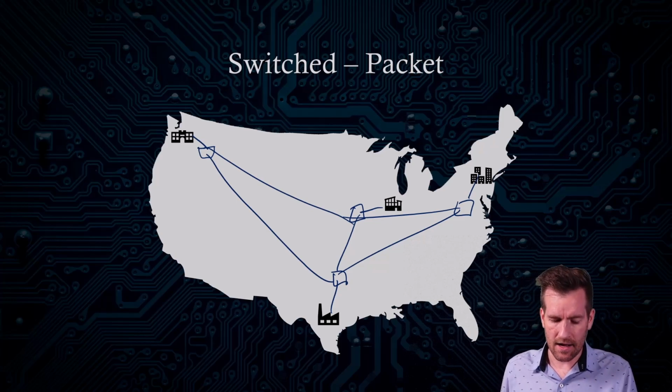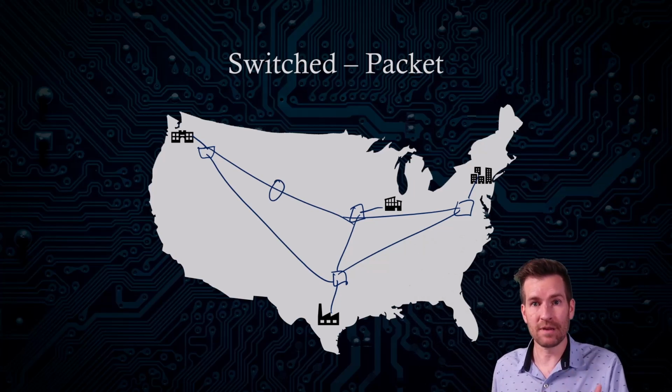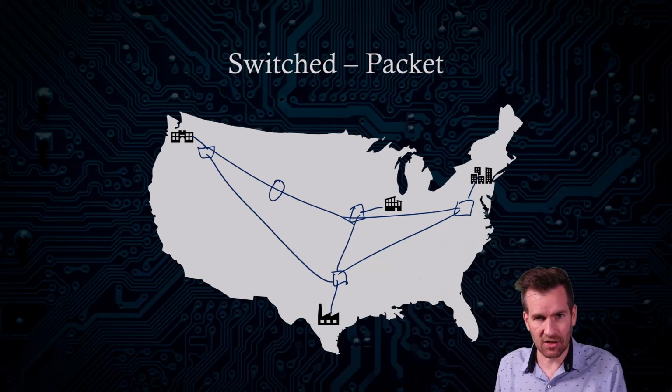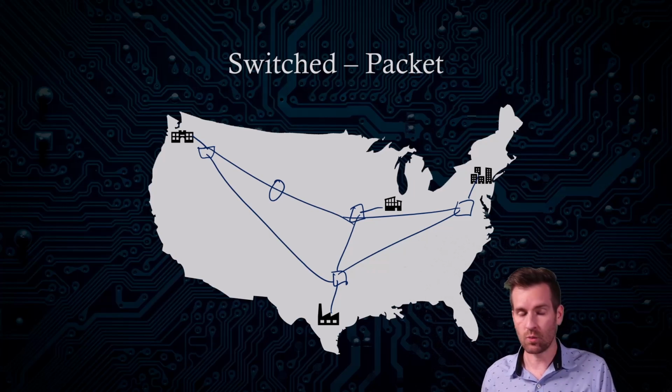You are sharing these connection lines with other people, with other businesses. They're shared lines, but they're shared via packet switched networks. So that is another way we could go: buying some bandwidth on these shared connections between all of our different sites.